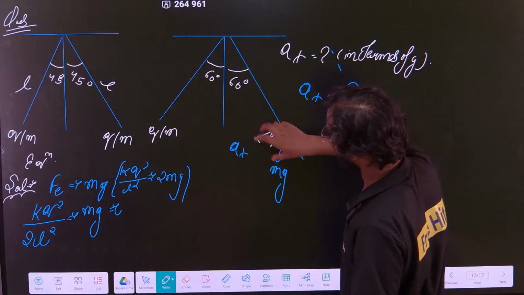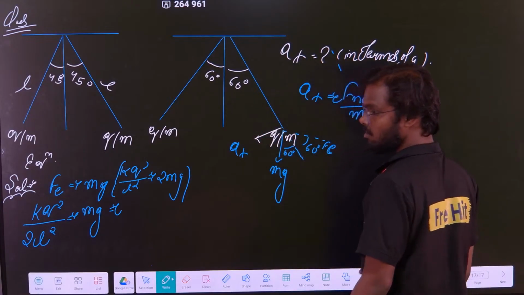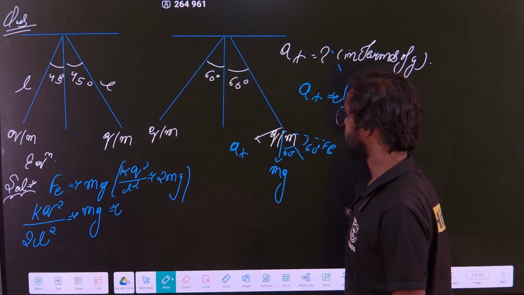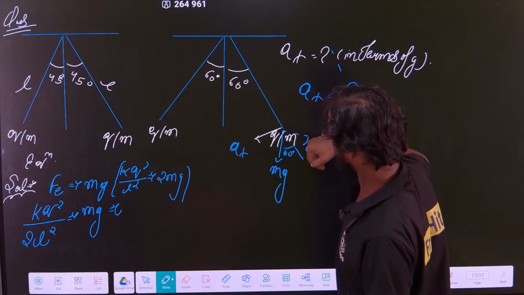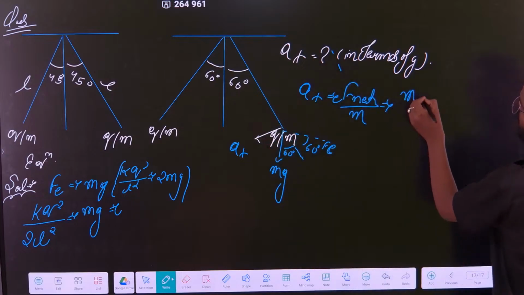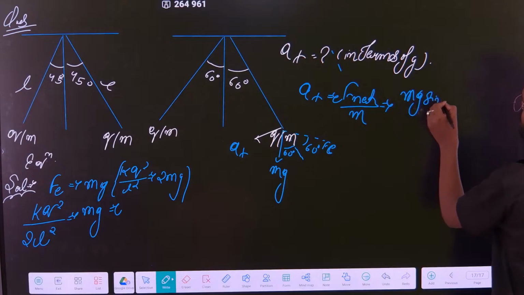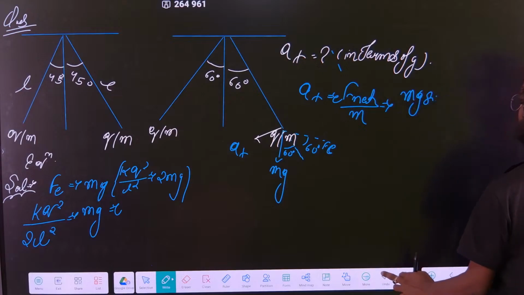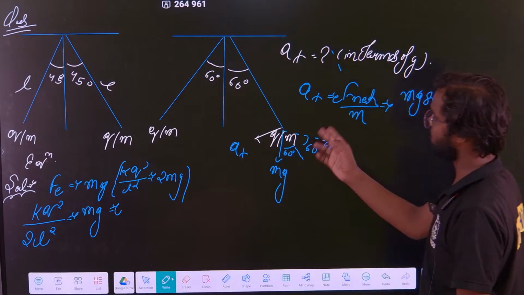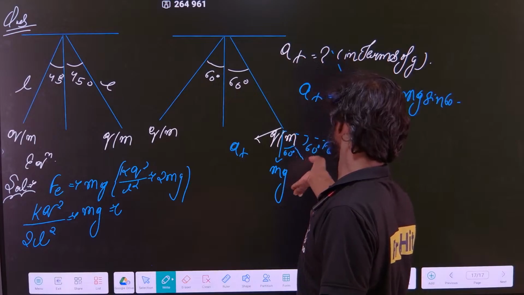This is mg, this will be mg cos 60 degree and mg sin 60 degree minus this force Fe cos and Fe sin.